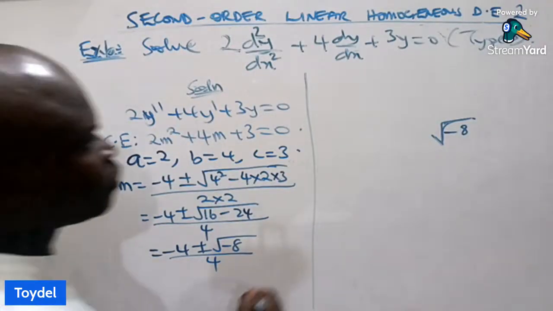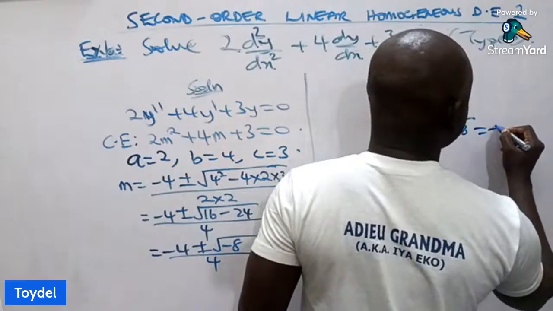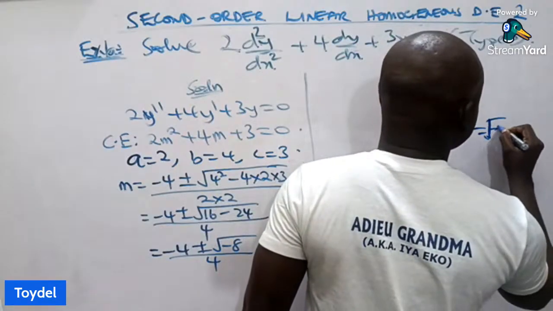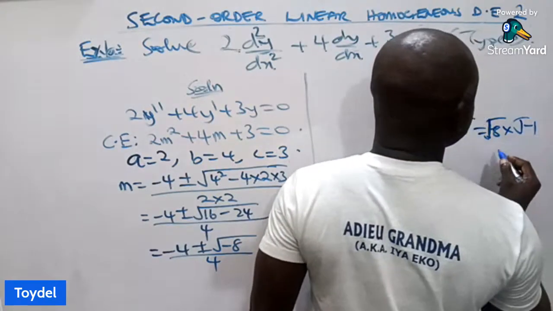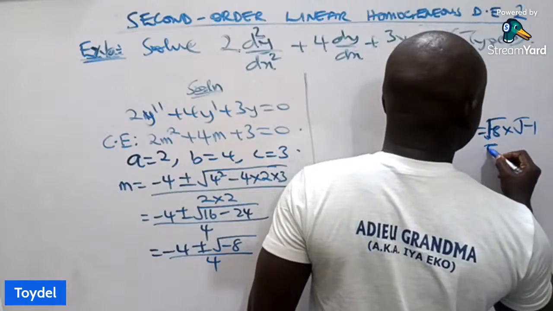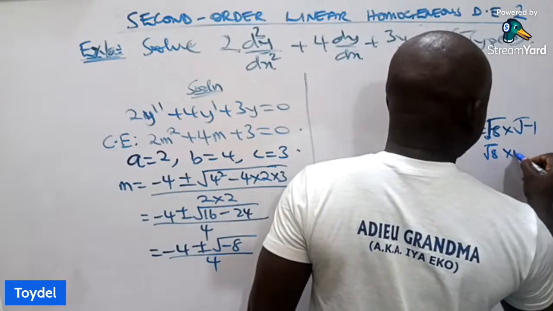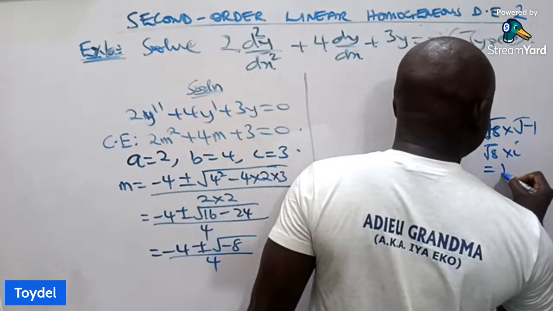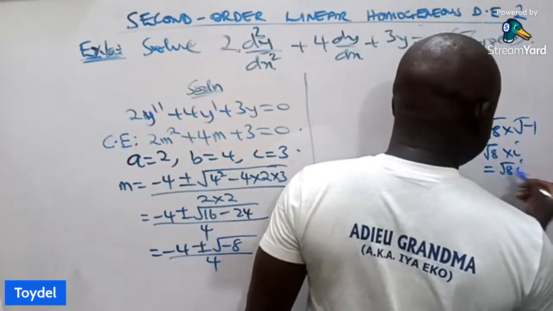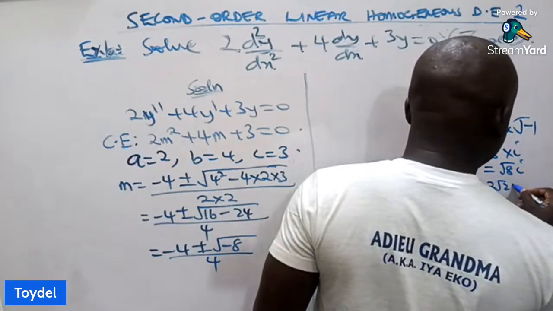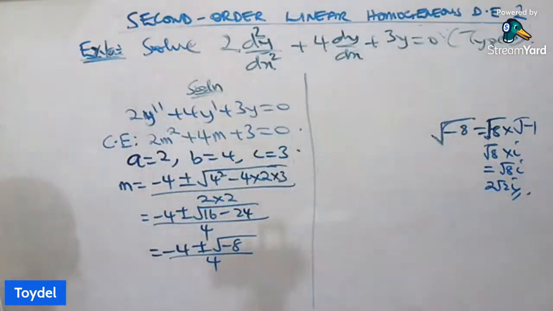We cannot get this directly, so we break it down as square root of 8 times square root of minus 1. This will be square root of 8 multiplied by i, and the square root of 8 is the same thing as 2 root 2. So instead of square root of minus 8, I will change it to 2 root 2 i.